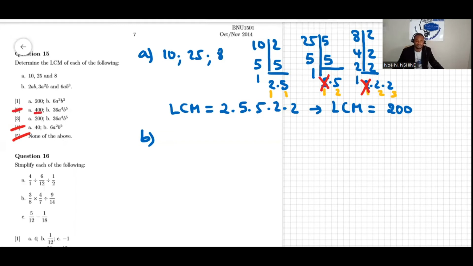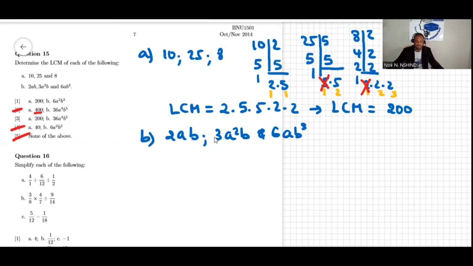Now, let's work out 2, B says it's 2AB, and then 3A squared B, and 6AB cubed. Now, we can look at the LCM of the numbers 2, 3, and 6.